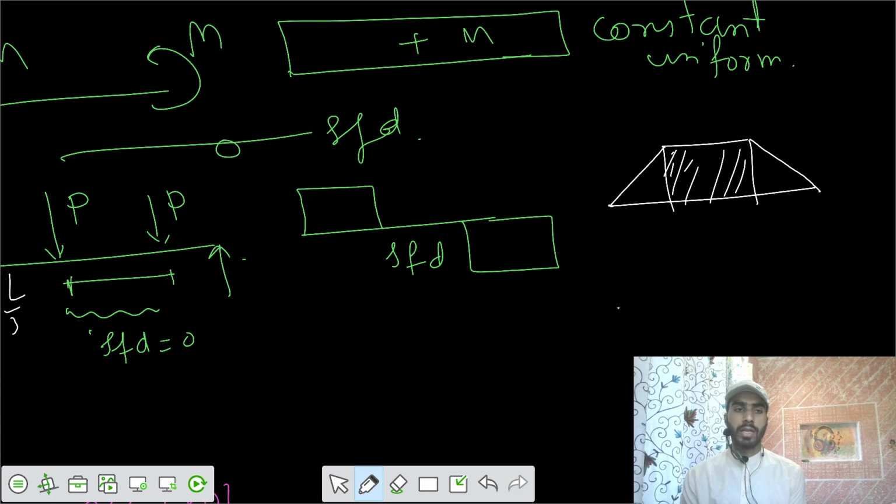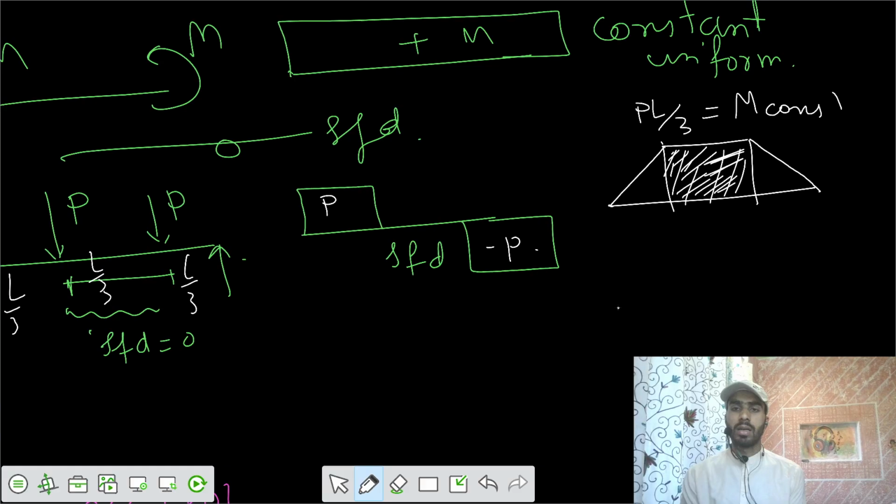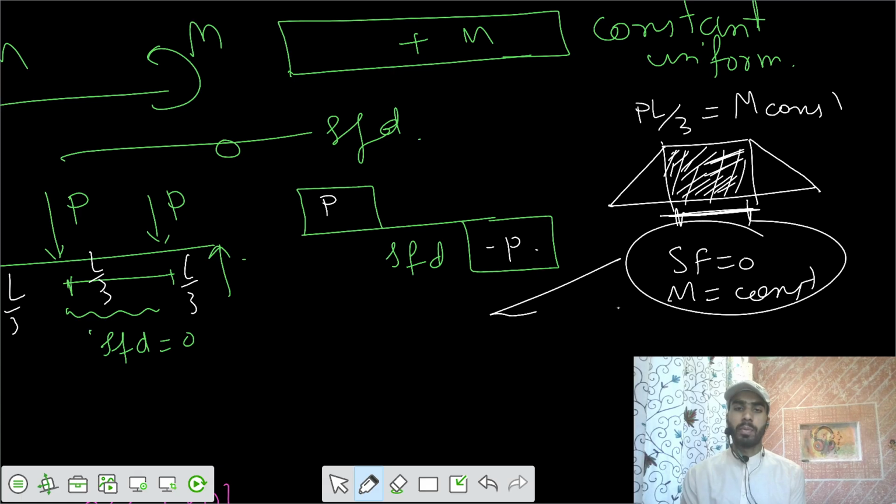Let's say this is L/3, this is L/3, and this is L/3. So your shear forces are P and minus P, and the bending moment value here is PL/3. So a constant moment of PL/3 in this part, where the shear force is 0 and M is constant. That is what we call the pure bending case.